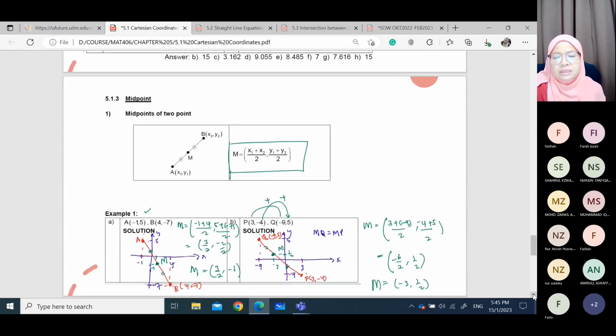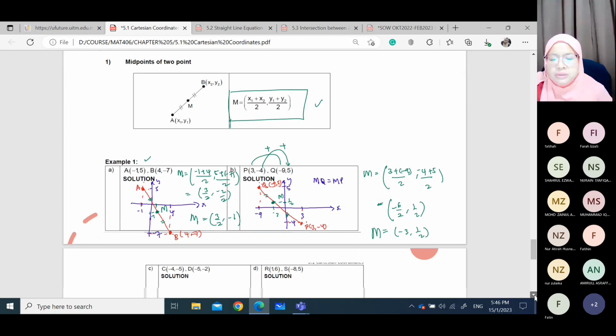So midpoint is the middle point ataupun titik tengah antara dua titik. Okay. So how to find midpoint? So we have this formula. So capital M represents the midpoint. So the midpoint equivalent with x1 plus x2 over 2, y1 plus y2 over 2. Okay. So solve this one, then we will have a midpoint.